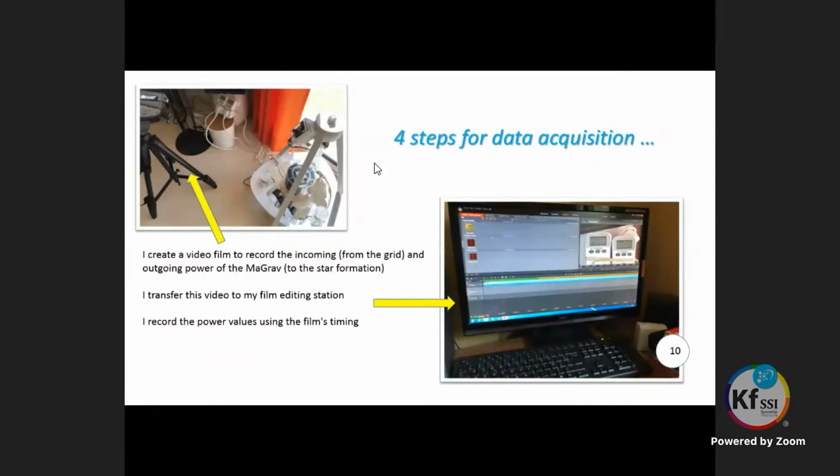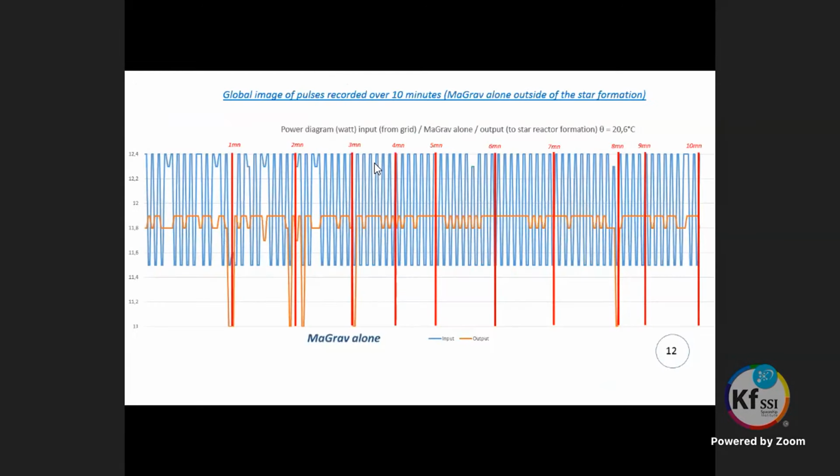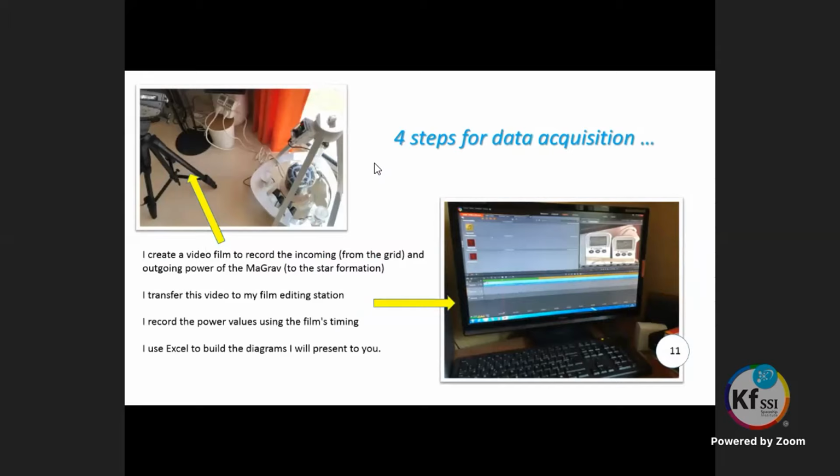Yeah, even just the picture before that briefly, if Armin could have a look at that as well. Yeah, that one. He used a film editing program, Armin, to record the power values on his meters while the film was running.